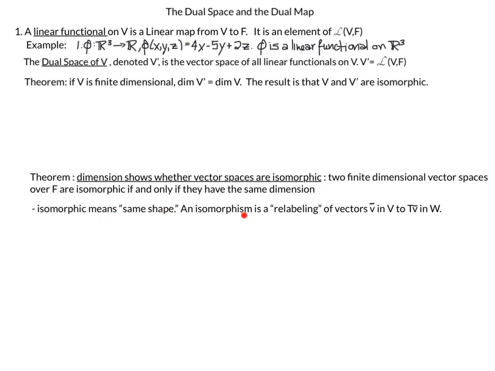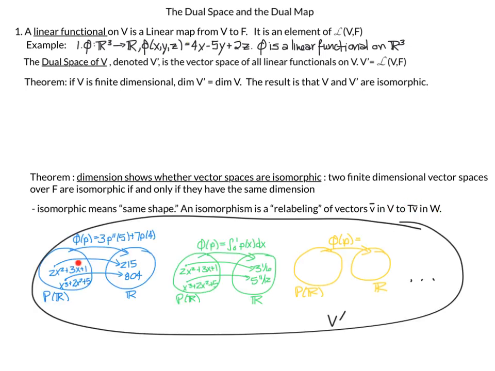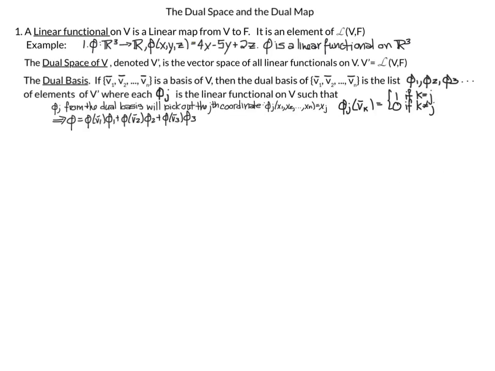So an isomorphism is essentially a relabeling of vectors in V to vectors in W. In other words, in our previous example, we were looking at V being the space of polynomials over R, then there's an isomorphism between the space of polynomials over R and the set of mappings from the polynomials to the real numbers.